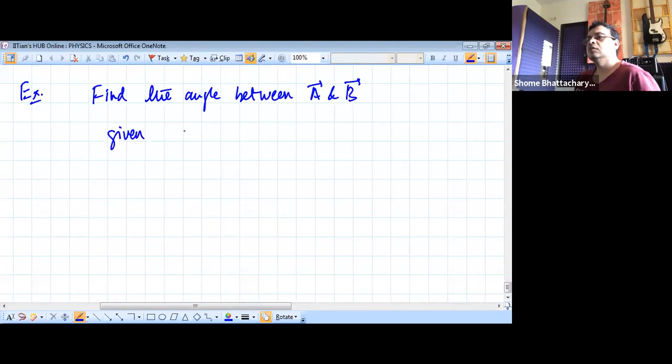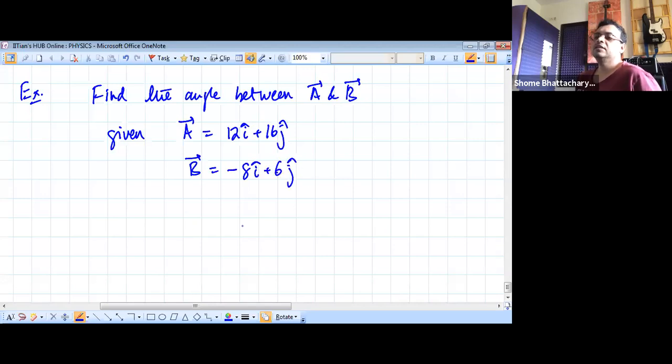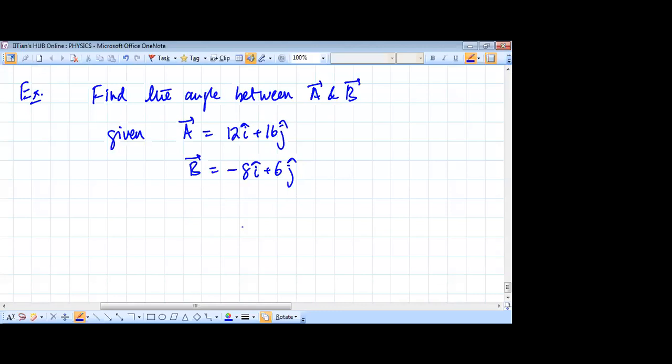Given that the vector A is 12i cap plus 16j cap and the vector B is minus 8i cap plus 6j cap. Find the angle between the two vectors. Just try this out. Just think any method that comes to mind for you for solving this. It's related to what we've just been discussing right now.